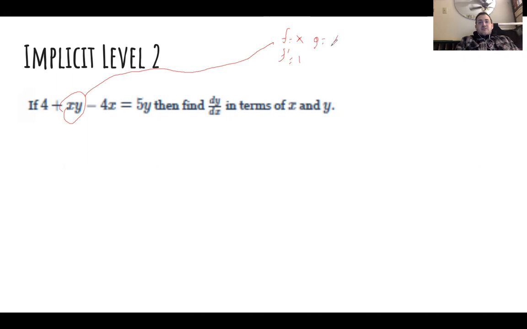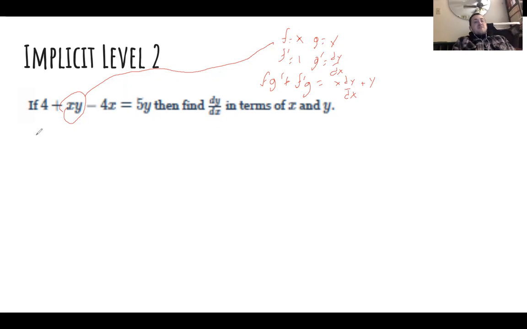My g is y, and my g prime is going to be dy dx. So if we write our product rule, we get x dy dx plus y. So we just worked that term.